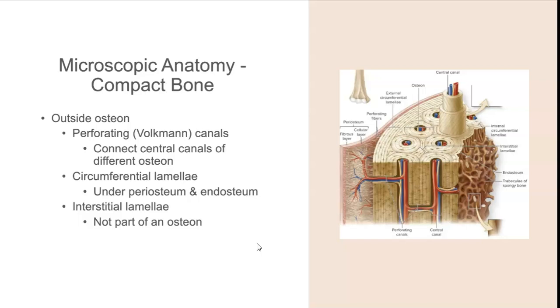Now, these are also not a part of the osteon, but they are either pieces of bone that are between the osteons or what's left over. So here you can see right there between the bone, but also you have some of these when bone is being resorbed and perhaps the entire osteon wasn't broken down. So it sort of looks like it's crumbling away, or as your book says, looks like a bite has been taken out of the osteon.